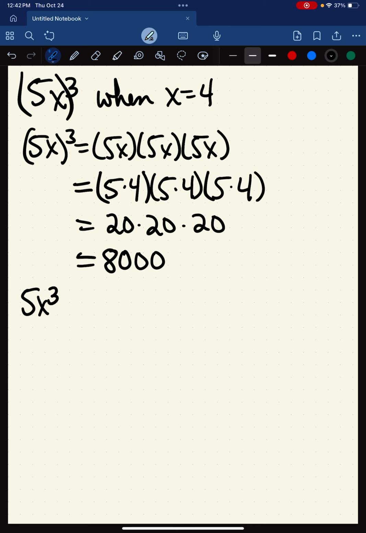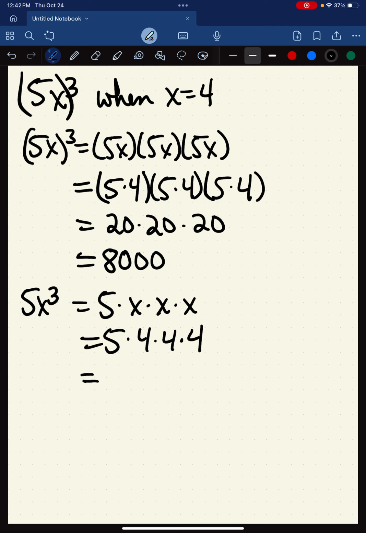Notice that is different than 5x cubed with no parentheses, because what that represents is 5 times x times x times x, which is 5 times 4 times 4 times 4. 4 times 4 is 16. 16 times 4 is 64. 64 times 5, I don't know that one off the top of my head.